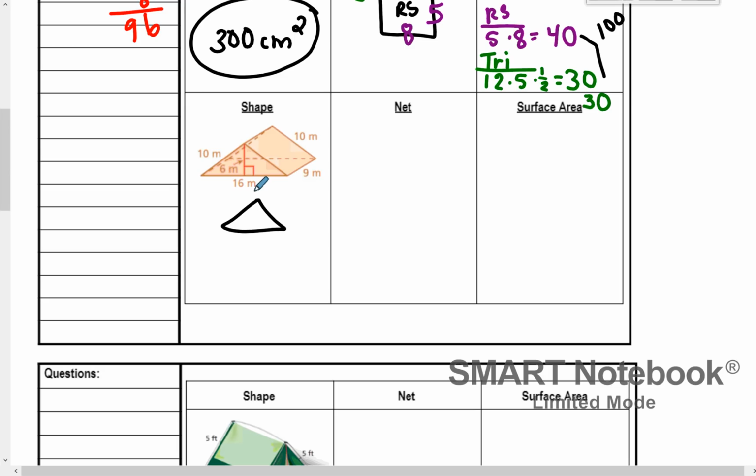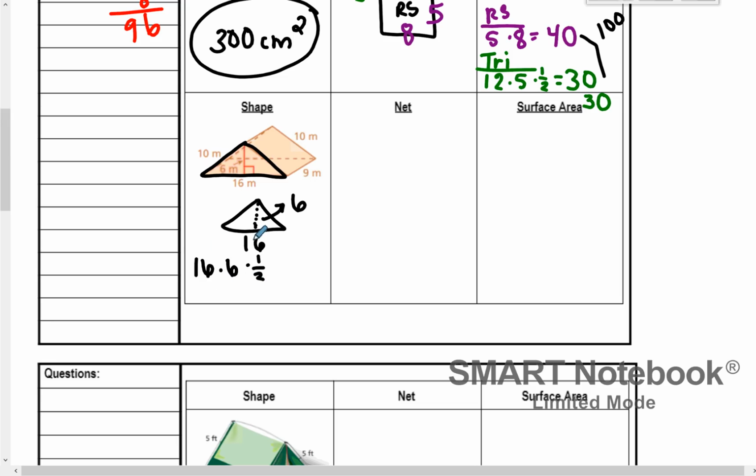Okay, so I have my triangles. The base of my triangle is 16. The straight up and down height, it says, is 6. So to find the area of my triangles, I'm going to do 16 times 6 times 1/2. Now remember I can always distribute this 1/2 at any time.